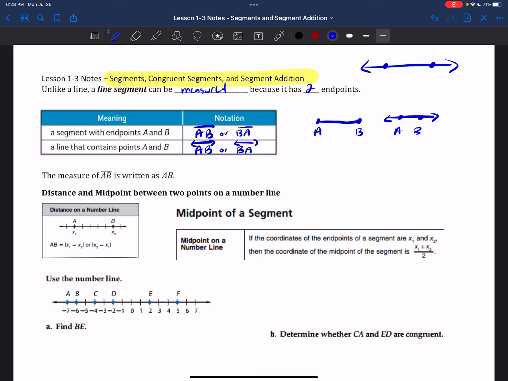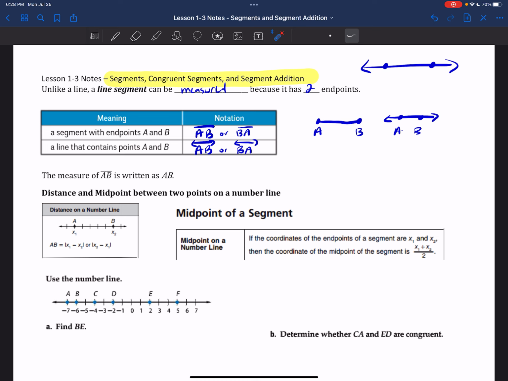Now, the measure of line segment AB is written as AB. Why does this matter so much? It's more about being formal. When I'm talking in general about a line segment, this is how we write it. But when I'm talking about the measure, that's when I'm dealing with adding or subtracting.